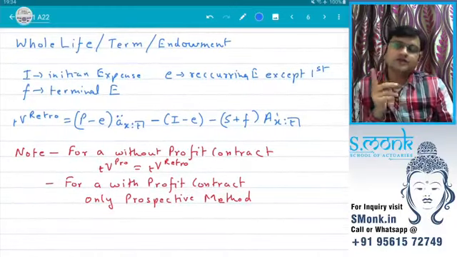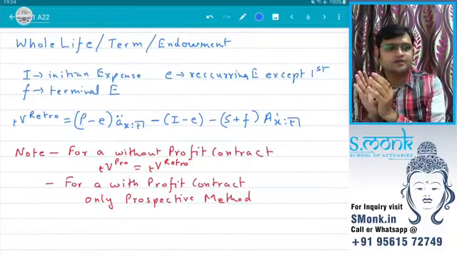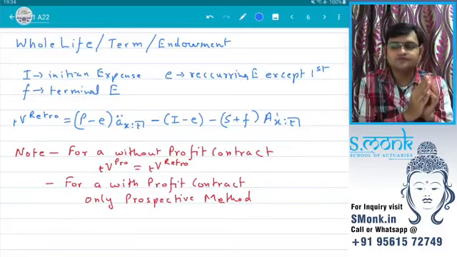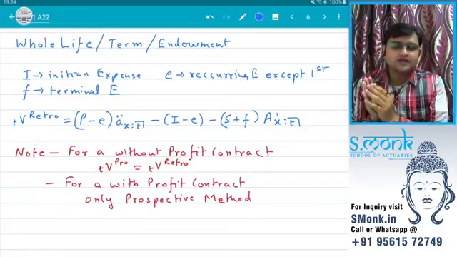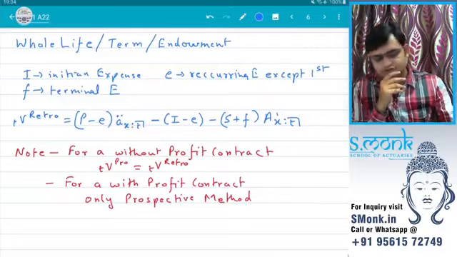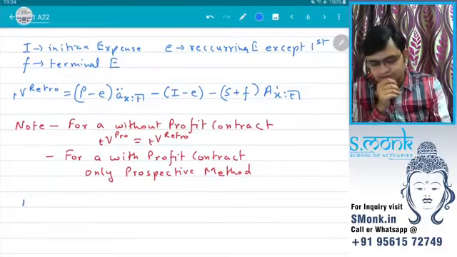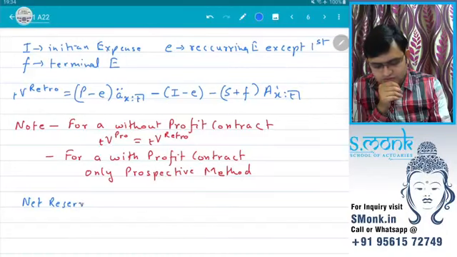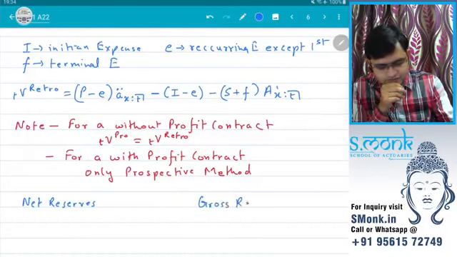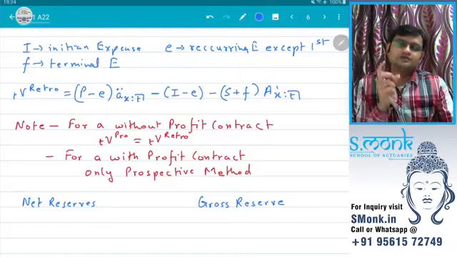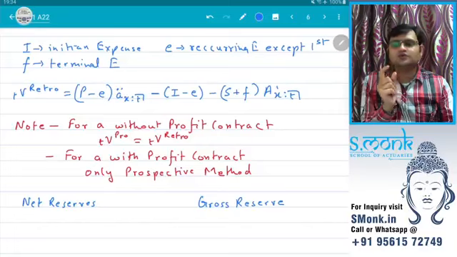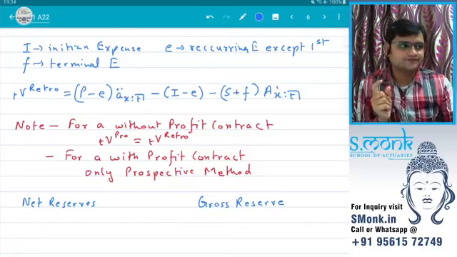Now, similar to premium, we said we have net premium and we have gross premium. We will have again net reserves and gross reserves. Net reserves would be the minimum value to be kept as a reserve.